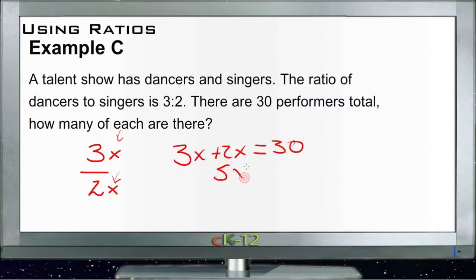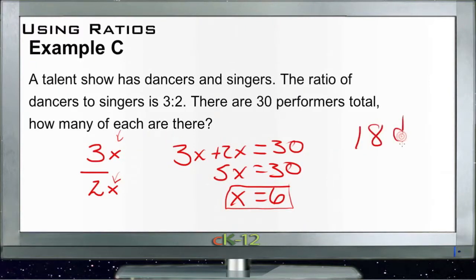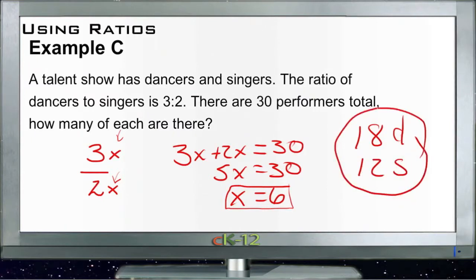That means that 5x equals 30. And if I divide both sides by 5, it means that x equals 6. So if our mysterious number of groups is 6, then we have 3 times 6, or 18 dancers, and 2 times 6, or 12 singers. That's all she wrote.